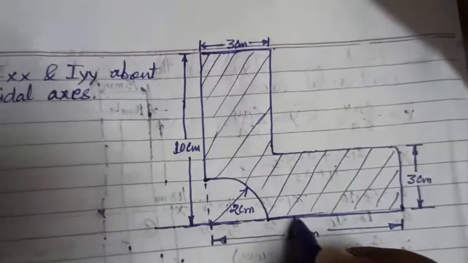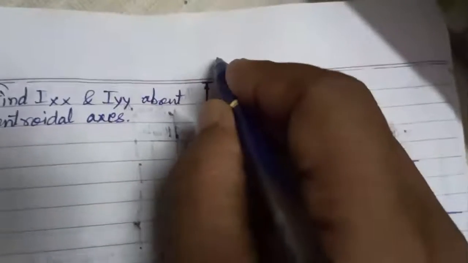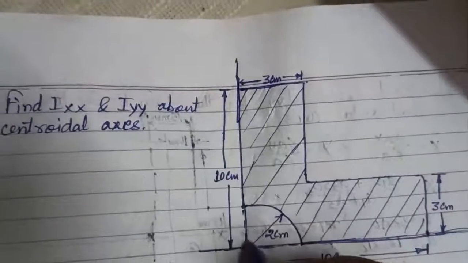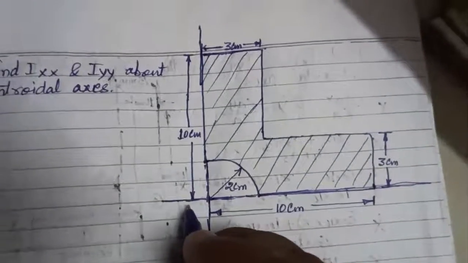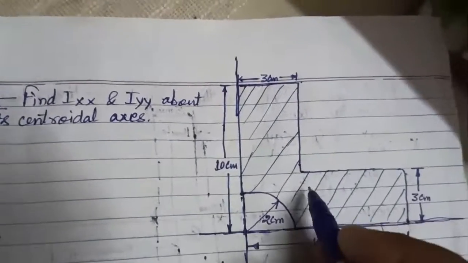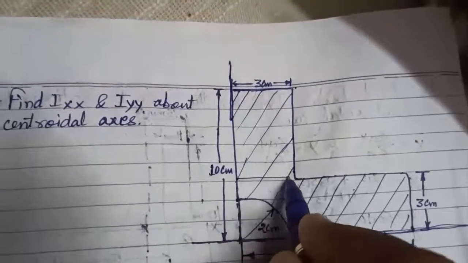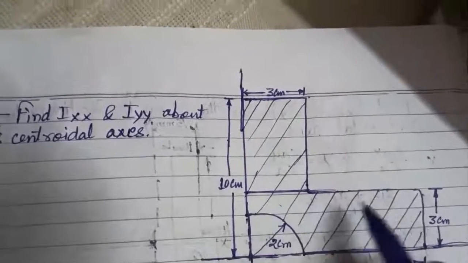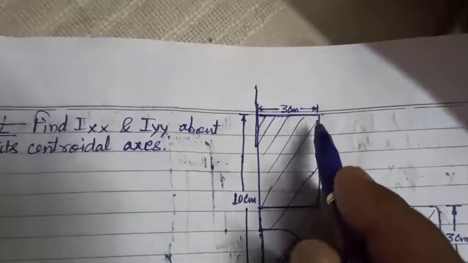First reference line is along the x-axis, and the second reference line we have selected along the y-axis. From this we divide this figure like this from here. So this is one rectangle and this is the other rectangle.